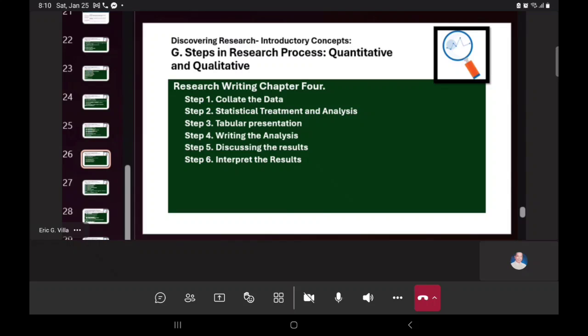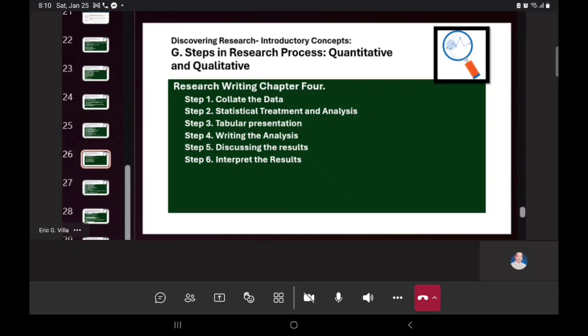This flows directly into statistical treatment and analysis, where appropriate statistical methods are applied to transform raw data into meaningful insights. These first two steps create the foundations for all subsequent analyses.